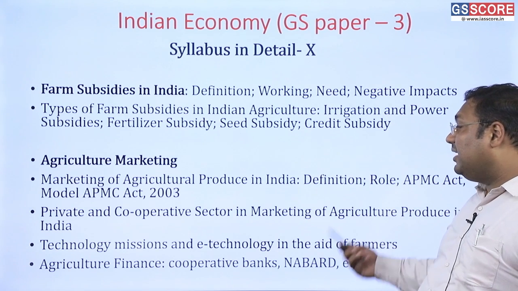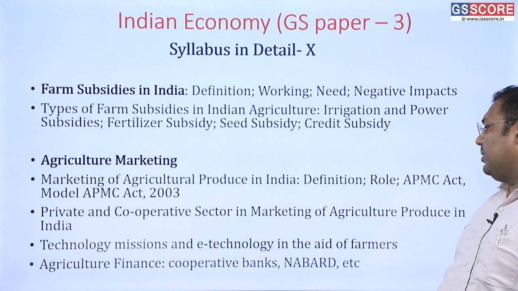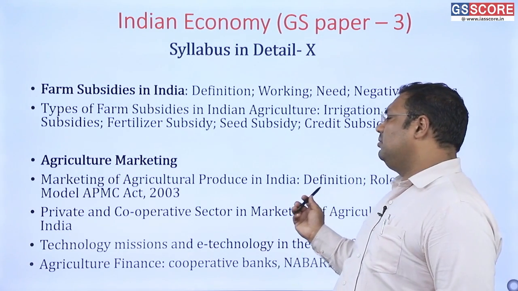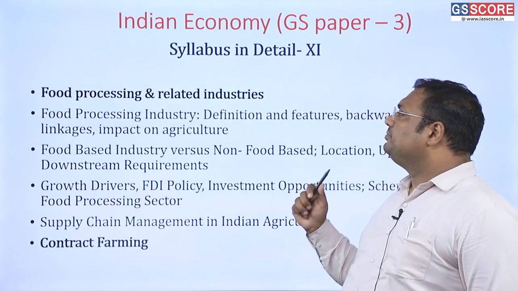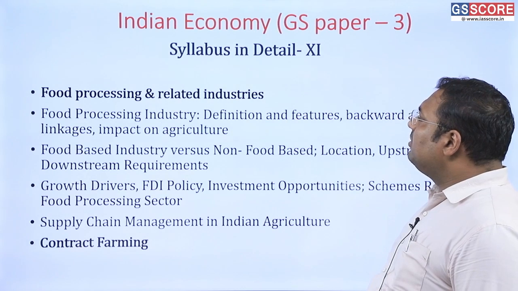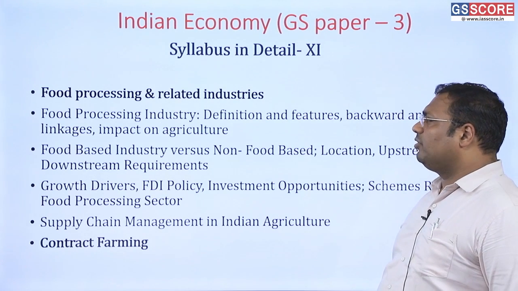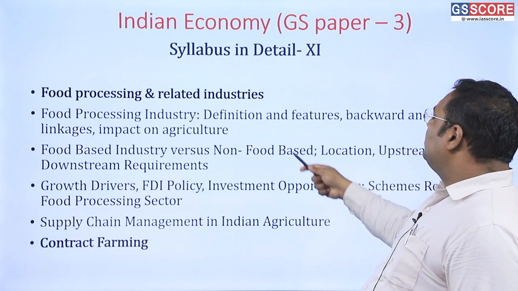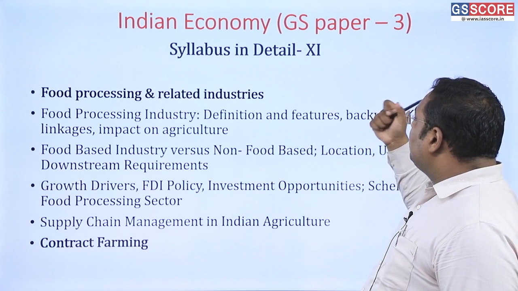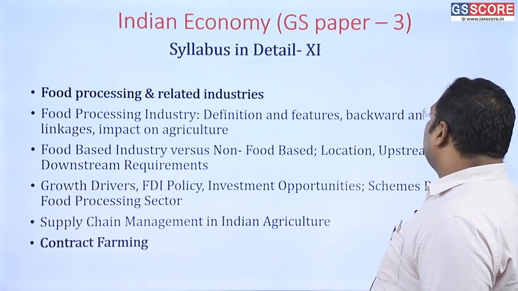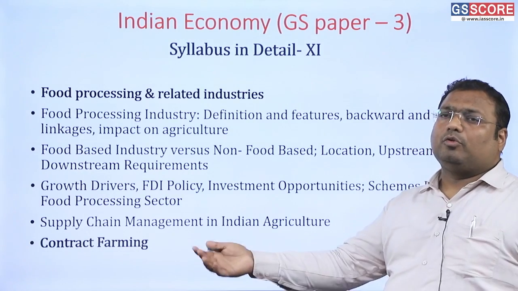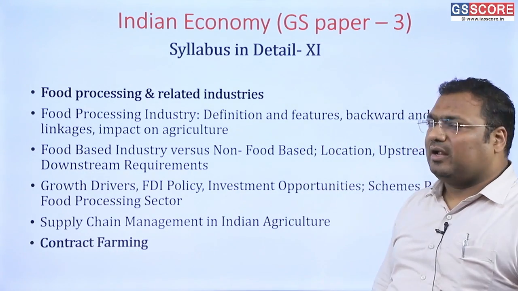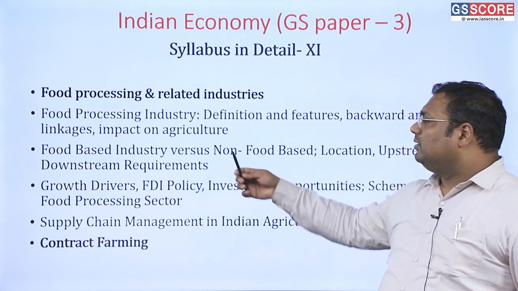Then agriculture finance, which is itself a very big topic. Under that, we have to study the cooperative banks, the NABARD, etc. Okay, and then we have the food processing and the related industries. Okay, so under this, we need to study, first of all, the features of the food processing industry in India, its input, its output, its linkages with agriculture, its linkages with the food supply and common public.